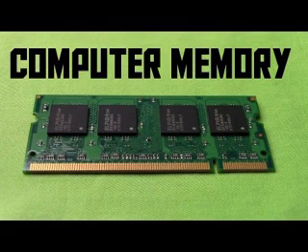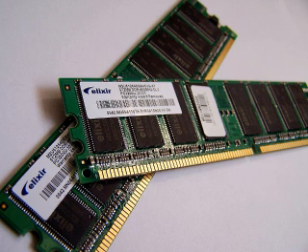The data required for processing is stored in the primary memory. It is a volatile memory. Volatile means when we switch off the computer, the content of the memory will be erased. An example of primary memory is RAM, that is random access memory.